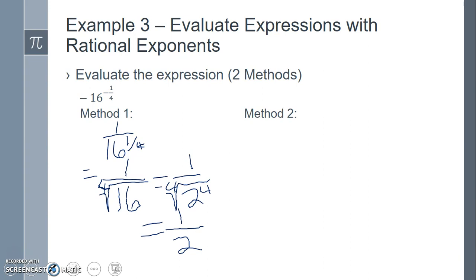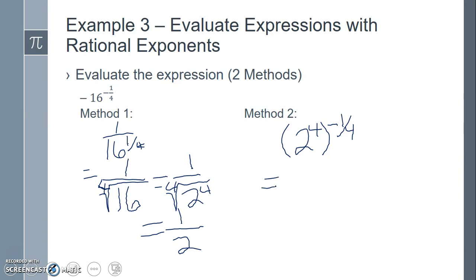Now, onto our second method, which is pretty similar, except it takes another route. We start with the same 16 to the negative 1/4, except we're going to immediately make 16 the same as 2 to the 4th, raised to the negative 1/4. Now we're going to remember our exponent rules: when we raise a power to a power, we multiply our exponents.